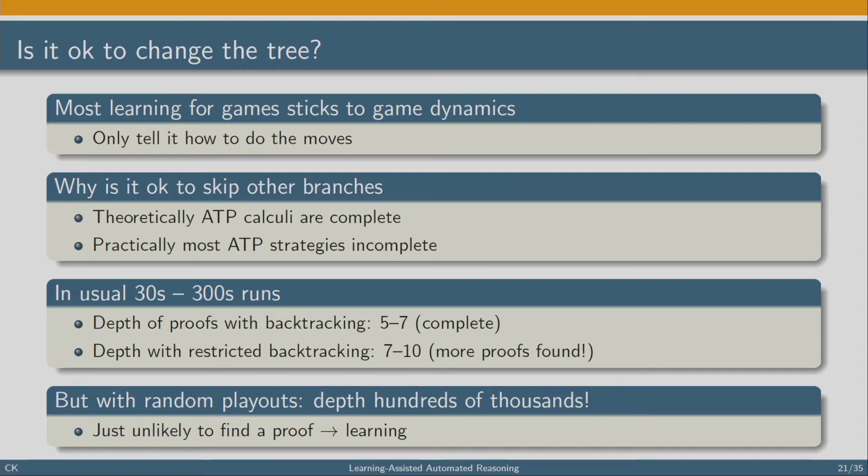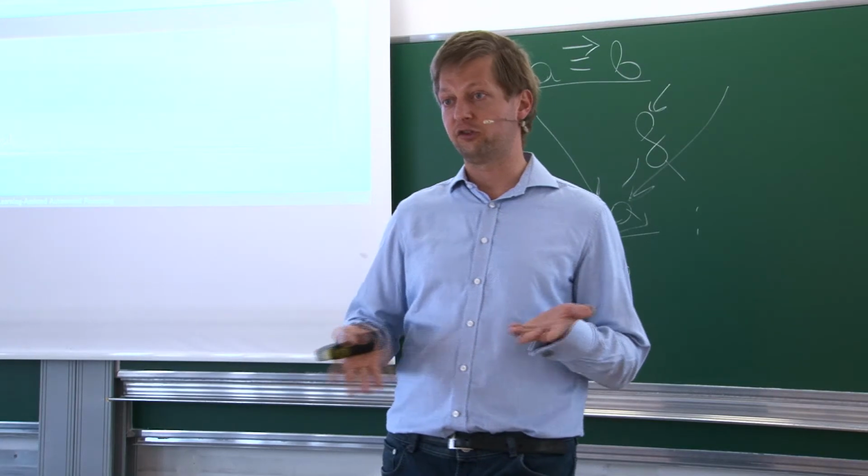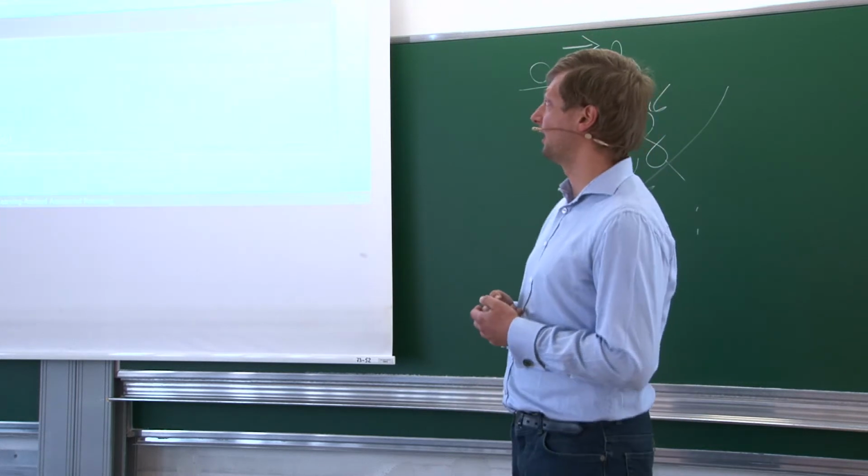The first thing that was tried, this is K 2017, would be to define a Monte Carlo version of a prover, namely stick with restricted backtracking, so do the same thing that the standard incomplete strategies for theorem proving do, and there select the branches using Monte Carlo playouts.